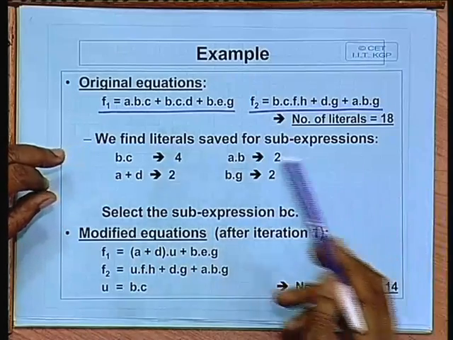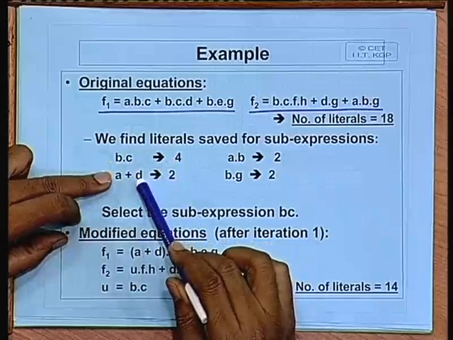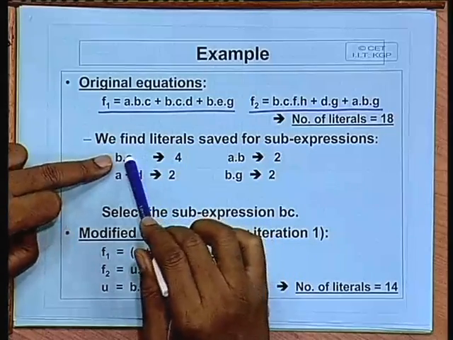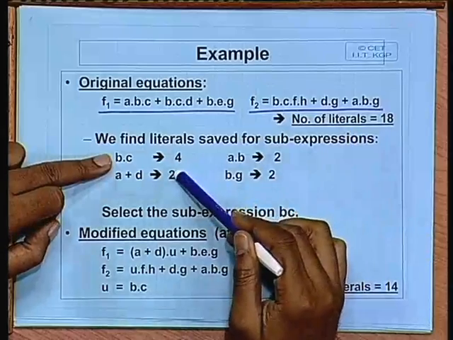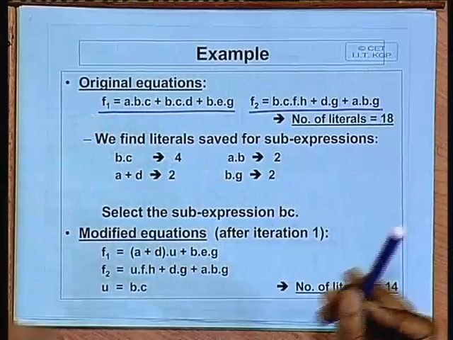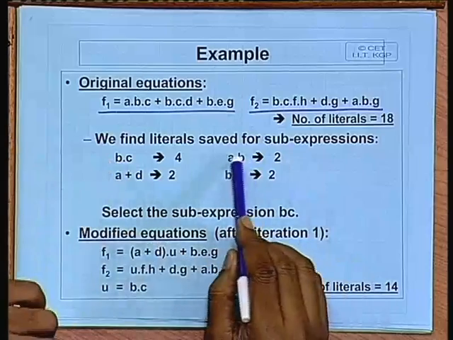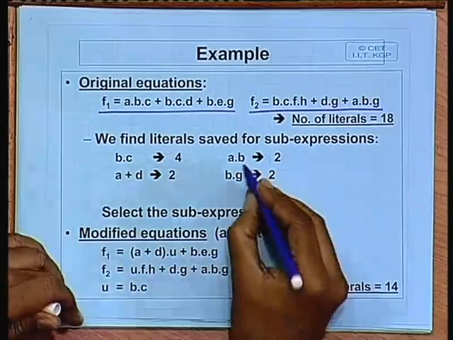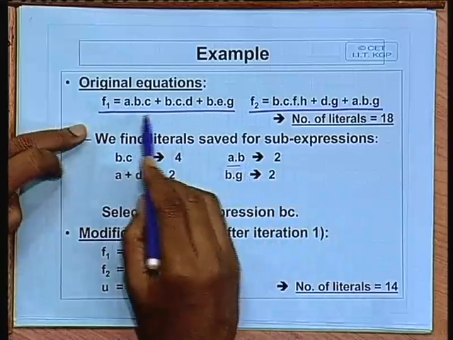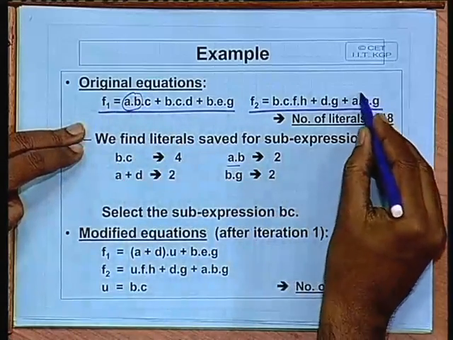Now, for each of these you estimate that if I use this factorization, how many literals I am saving. I am not showing the detailed step, but suppose you select for example AB. AB is the sub expression you select. So, you generate AB separately.